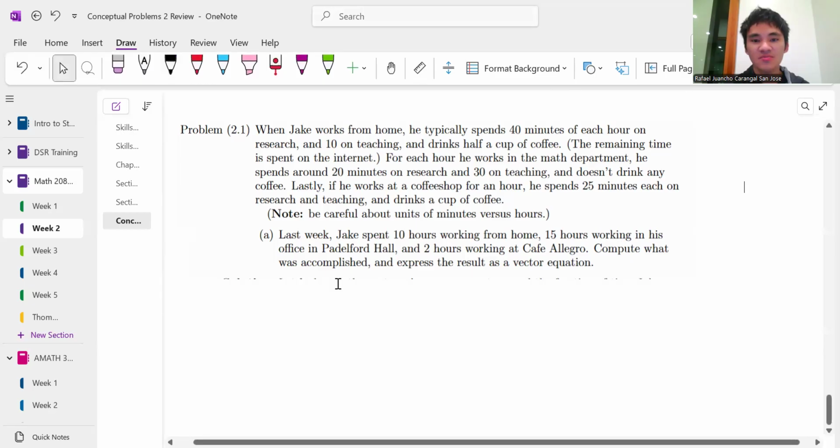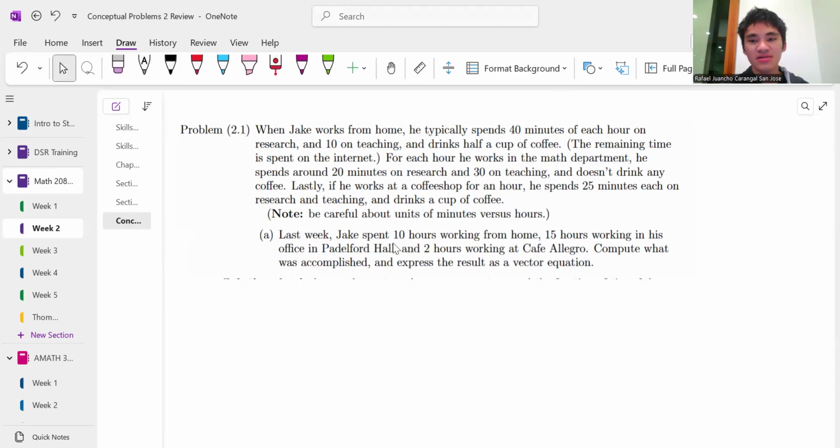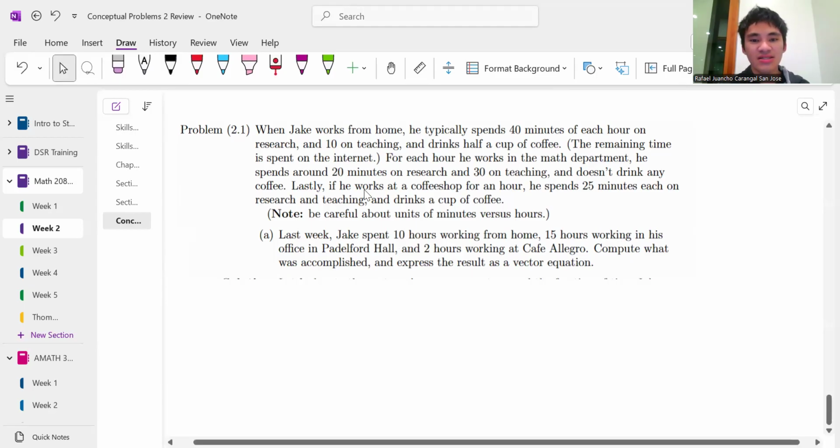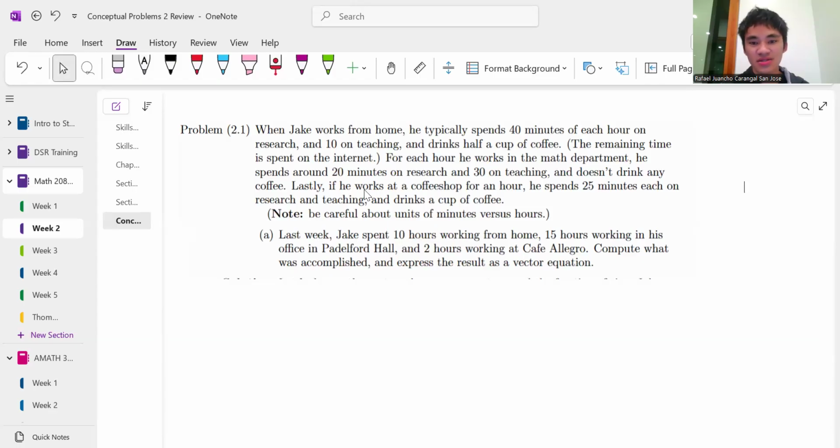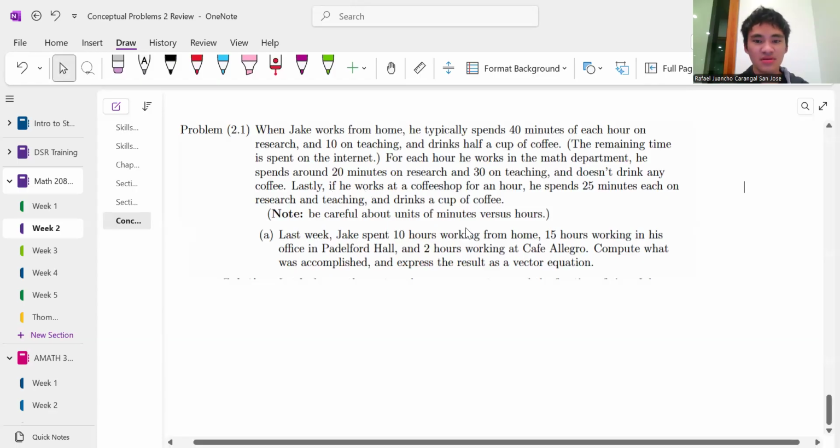And the remaining time is spent on the internet. For each hour he works in the math department, he spends around 20 minutes on research and 30 on teaching and doesn't drink any coffee. Lastly, if he works at a coffee shop for an hour, he spends 25 minutes each on research and teaching and drinks a cup of coffee.